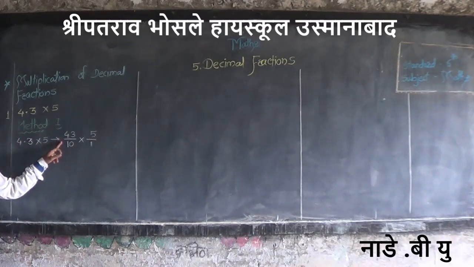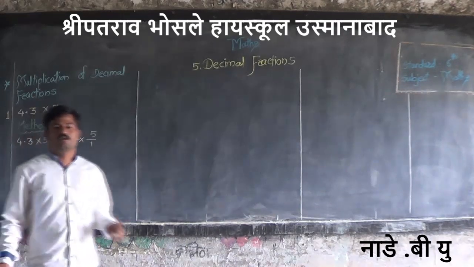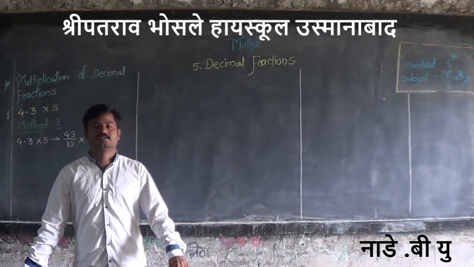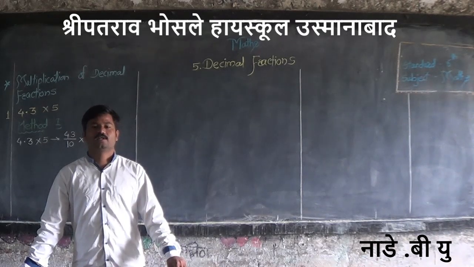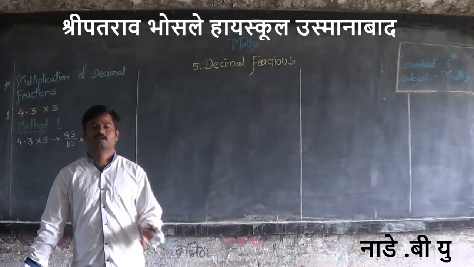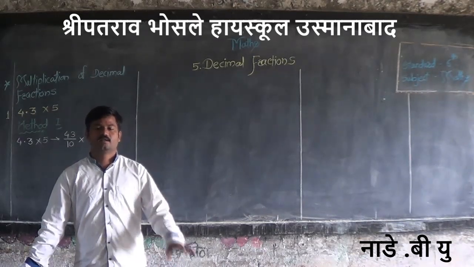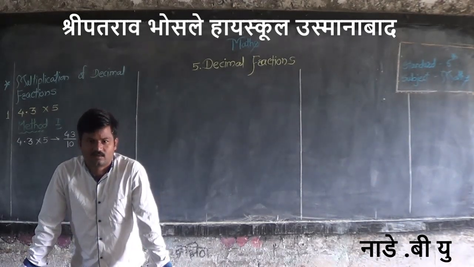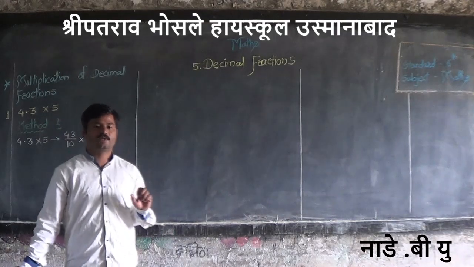Now this step is the product of two common fractions. When finding the product of two fractions, the product of the numerators is written in the numerator place and the product of the denominators is written in the denominator place.